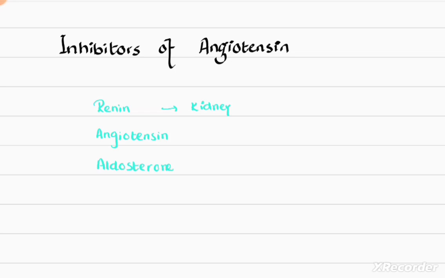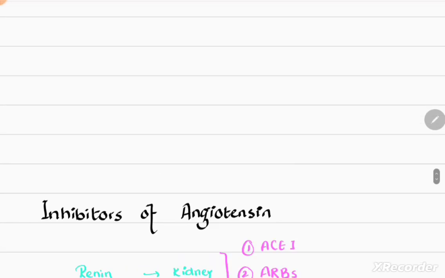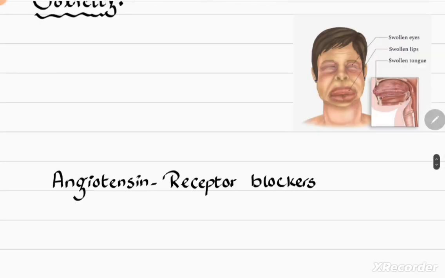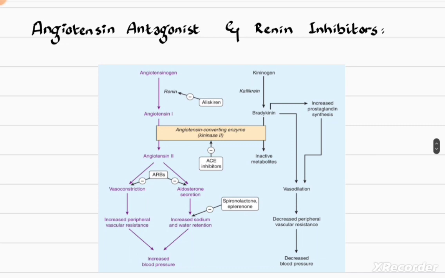We have two major classes in this group. Number one is the ACE inhibitors, and number two is the angiotensin receptor blockers. We'll discuss the mechanism of this with the help of this diagram.